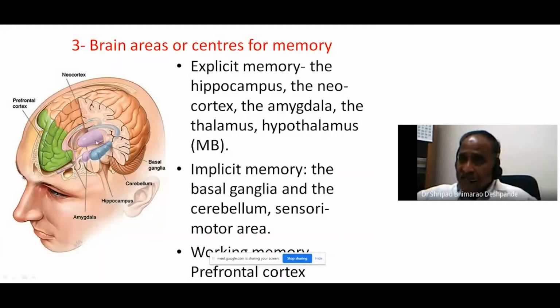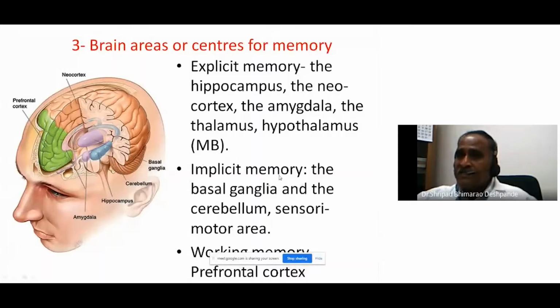Then we have a thalamus here, and the basal ganglia. Then the hypothalamus is also required, because the mammillary body is required for memory formation. Then we have the basal ganglia, that is the striatum. So these are the things required for explicit memory.